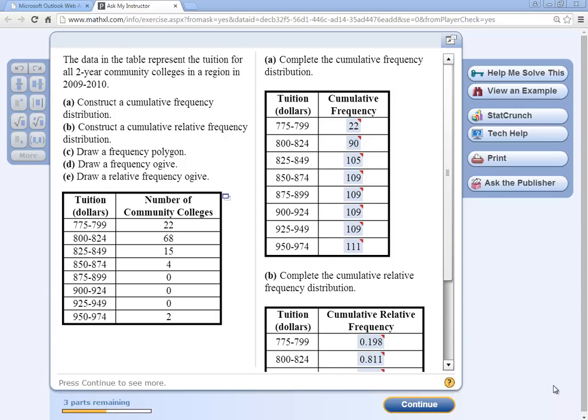Let's take a look at this problem, and I'll look at different pieces of it so you can see how they go. Now given these numbers here, it says complete the cumulative frequency distribution.